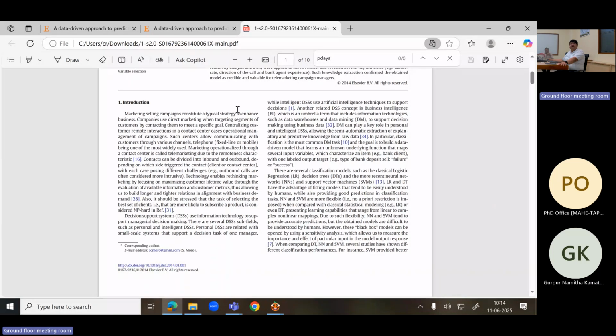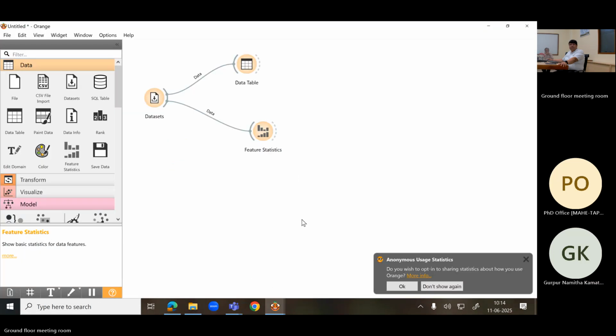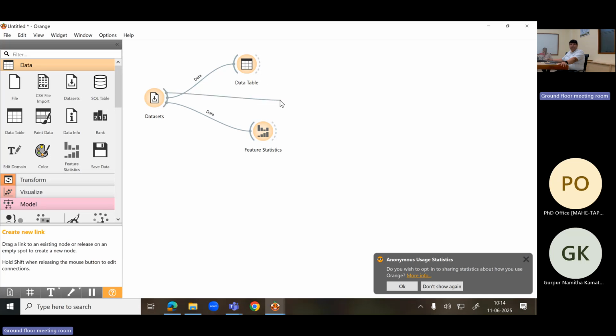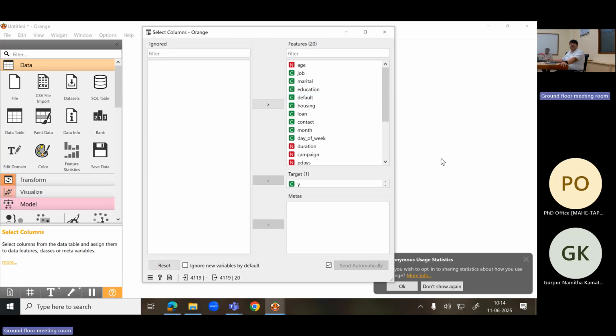So anyway, we do not have any idea of P days, so let's not keep it. What we do is, from data sets, we go to select columns, and under select columns we will take out this P days outside the system.